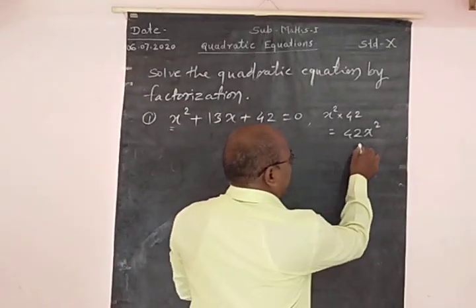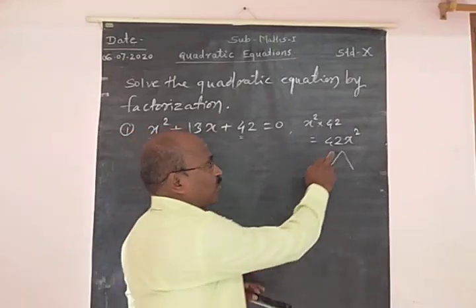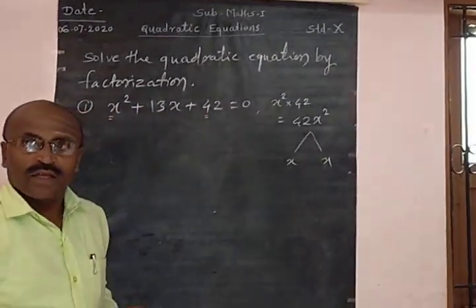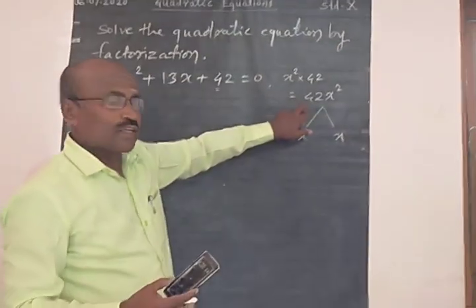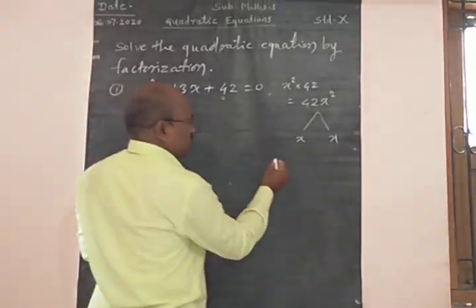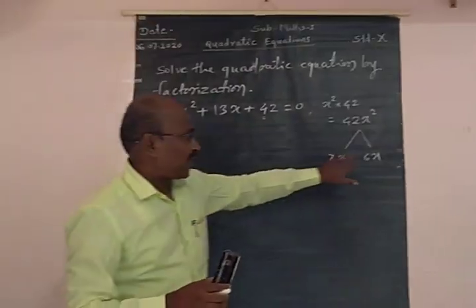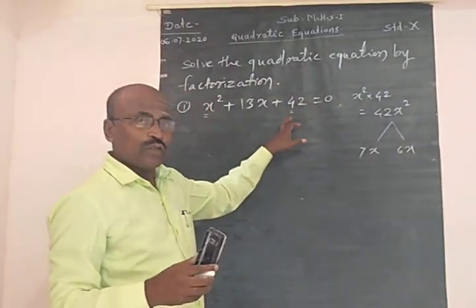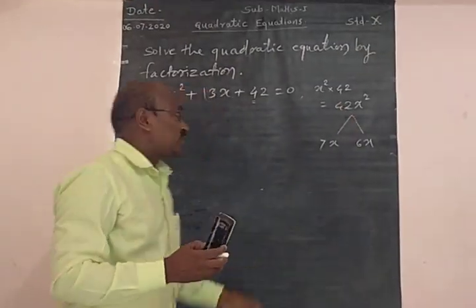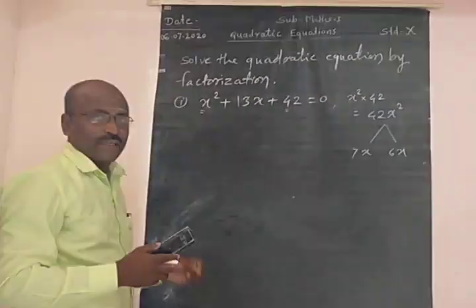So find the two factors of 42x square. First of all, find the two factors of x square as x into x. Then find the factors of 42 such that whose sum is 13. So we will get the two factors as 7 and 6. That means the multiplication of 7 and 6 is 42, and the addition of these two numbers is 13. Therefore these two are the factors of 42x square.